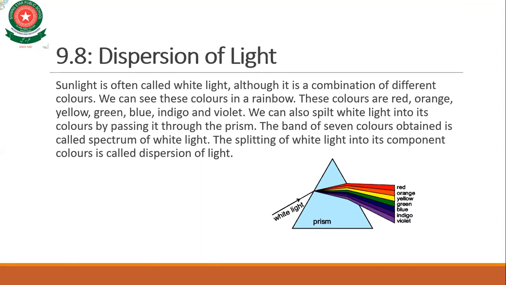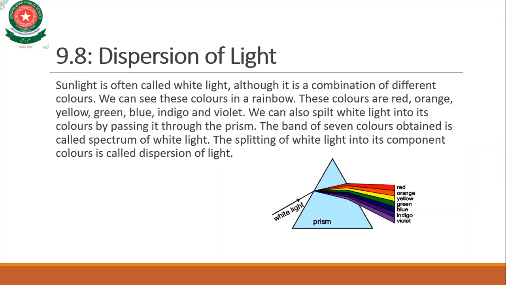So there are some definitions. The band of 7 colors obtained is called the spectrum of white light, whereas the splitting of white light into its component colors is called dispersion of light. Here we have also discussed the combination of colors in white light.